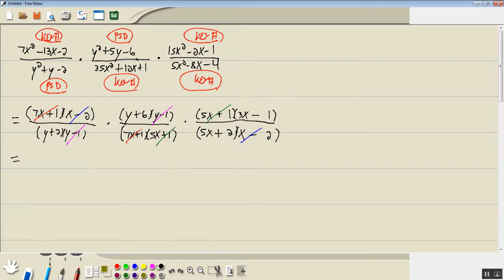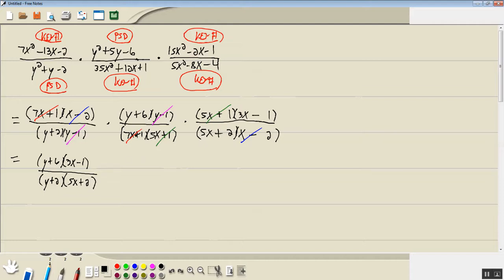I don't think I see anything else to cancel. So it looks like on top we're left with y plus 6, 3x minus 1. On the bottom, we're left with y plus 2 and 5x plus 2.